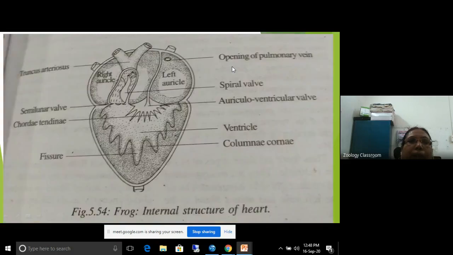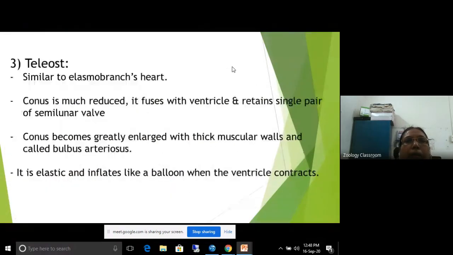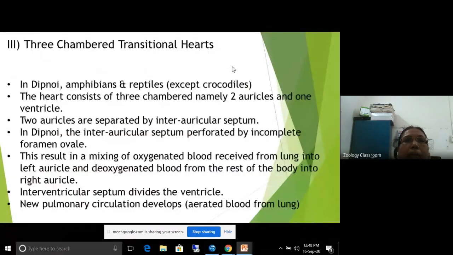We see the description. The 3-chambered heart or transitional heart is found in dipnoi, amphibia and reptiles, for example the crocodile. The heart consists of 3 chambers, namely 2 auricles and 1 ventricle. The 2 auricles are separated by an interauricular septum.